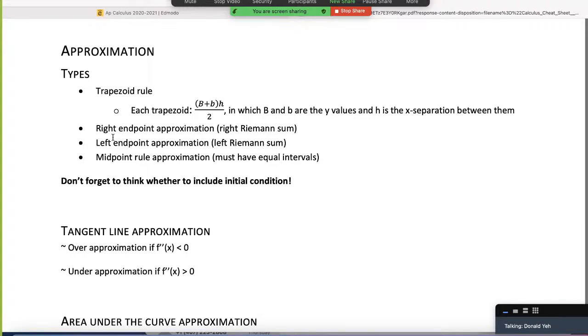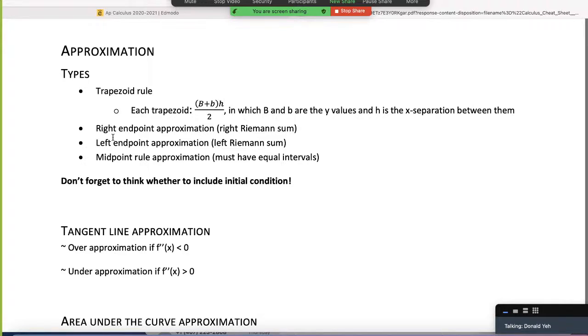But there is one more thing we talked about yesterday. Trapezoid depends on concavity. Write it down. If it's concave up, it's going to be an over approximation. If it's concave down, it's an under approximation.